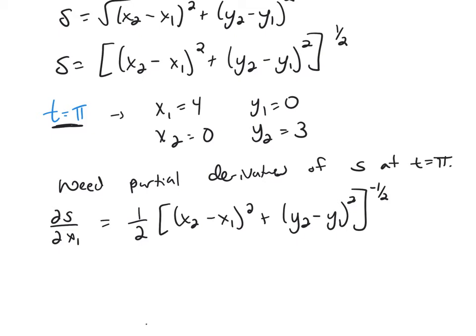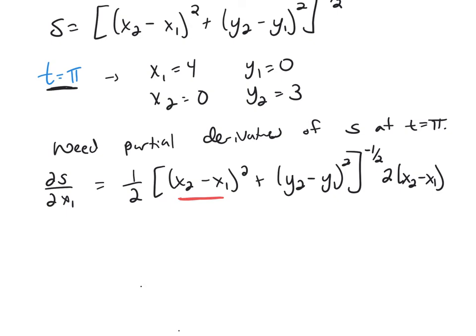Really only the first part has an x1 in it, so it's 2(x2 minus x1) times the derivative of the inside with respect to x1, which is -1.